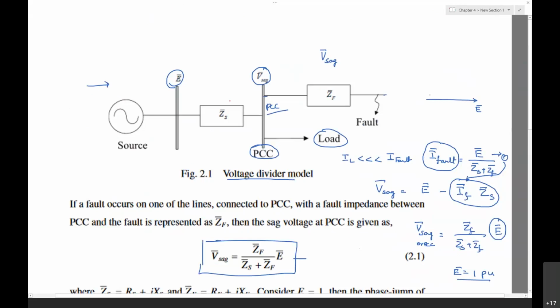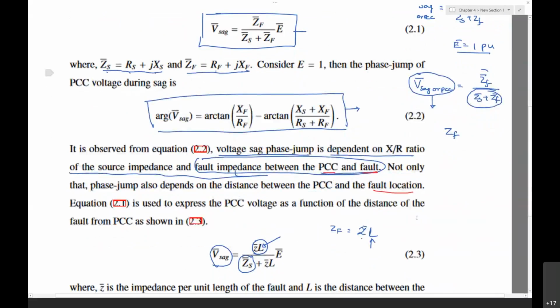When the fault occurs far away from the point of common coupling, then obviously the fault impedance is very much higher. Then the fault current is very less, and when the fault current is low, the drop is also very low. We'll look into these aspects of fault impedance related studies in the next class: how the fault impedance is going to influence the voltage sag.